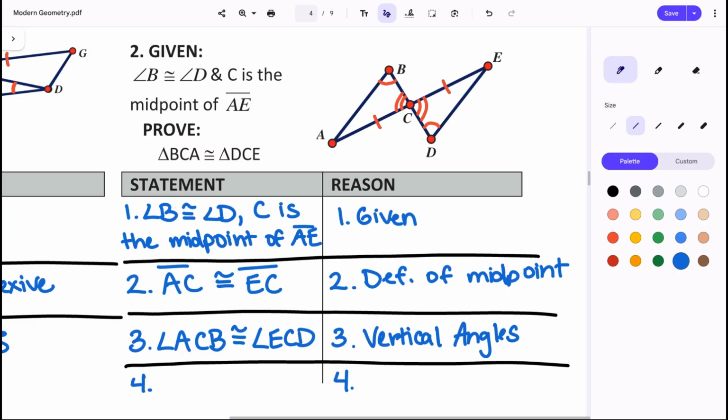Okay, either one works. If you write it side angle angle, I'm not going to be too nitpicky about that because it is the same test. It's just written backwards. And then all you need to do is take that prove statement and write it down. Triangle BCA is congruent to triangle DCE. All right, questions on number 2 there?